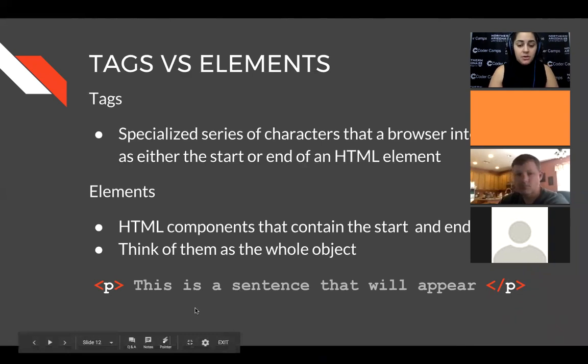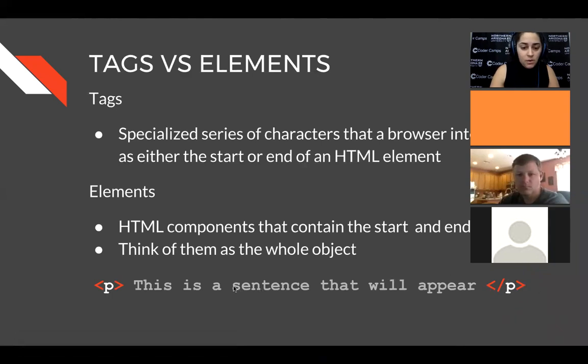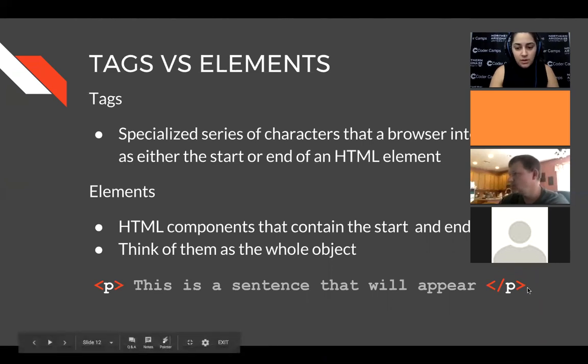Elements are HTML components that contain the start and end tag. Think of them as a whole object. So a P, this is the paragraph element, right? This whole thing is going to be your element, including this sentence that will appear. This is the entire P element, and these are the tags.